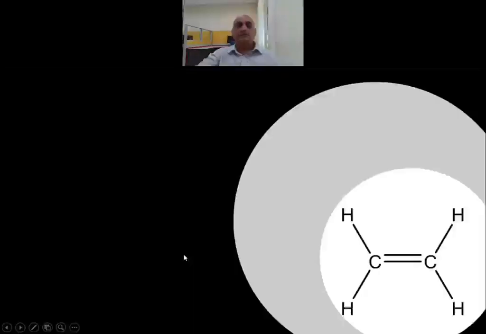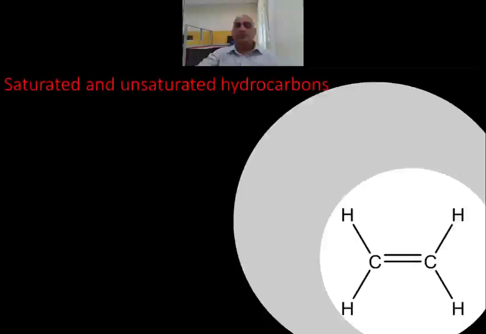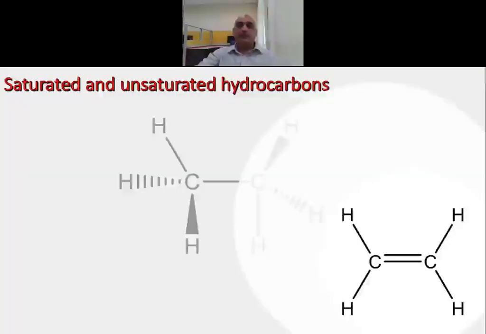Now we move to saturated and unsaturated hydrocarbons. If a single covalent bond is present between carbon to carbon, this is called saturated, and if a double or triple covalent bond is present, then it is called an unsaturated hydrocarbon.